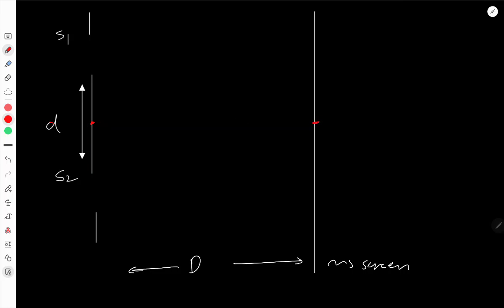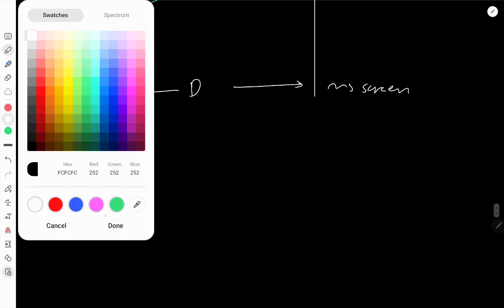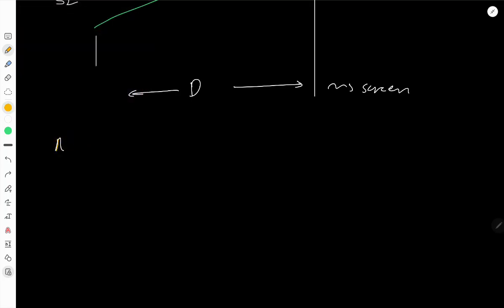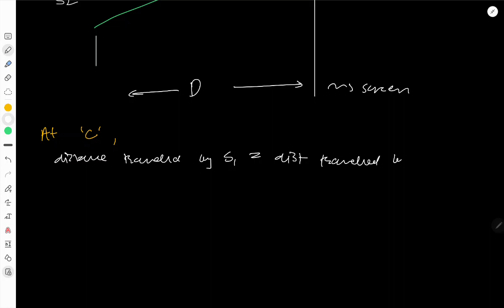So putting a perpendicular upon the screen at this point, this point is C. Over here, both the waves coming from slit 1 as well as slit 2, at C, the distance travelled by S1 is equal to the distance travelled by S2.